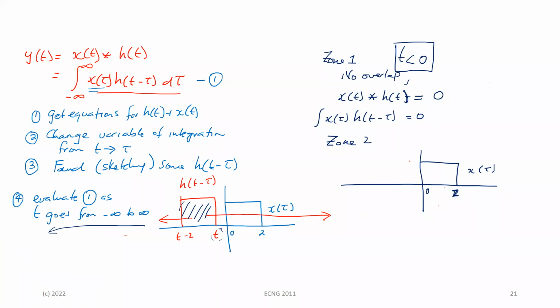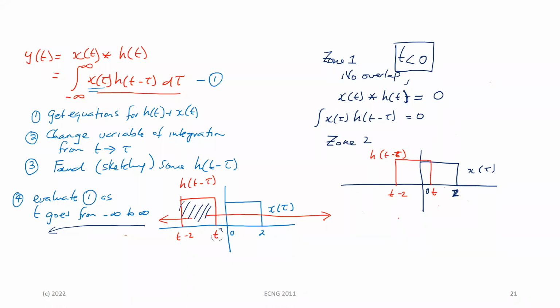I'll draw this one a little bit bigger because both of them are the same height. So we have t and we have t minus 2 coming here. This is h of t minus tau.